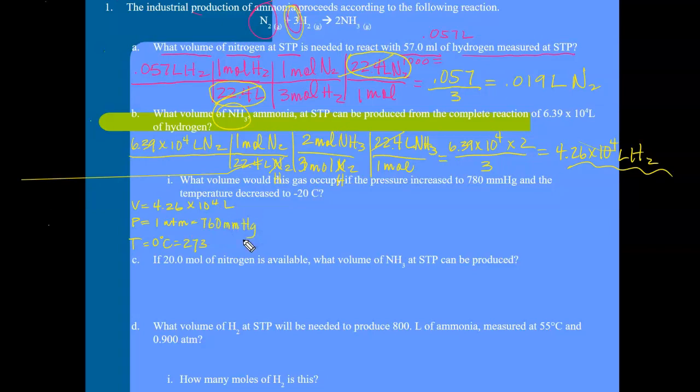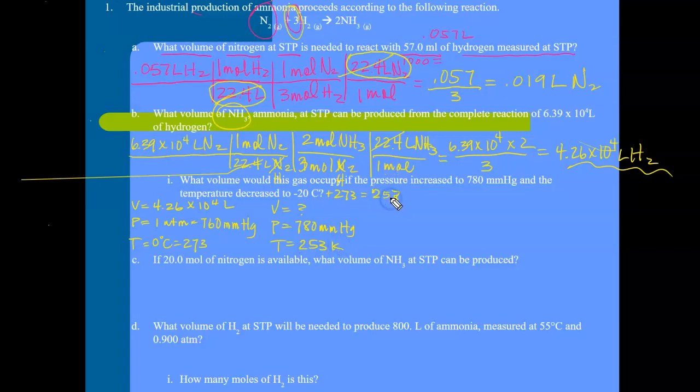And then we're changing to a new volume if our pressure is changed to 780 millimeters mercury and our temperature is changed to negative 20 degrees Celsius plus 273, which means 253 Kelvin.